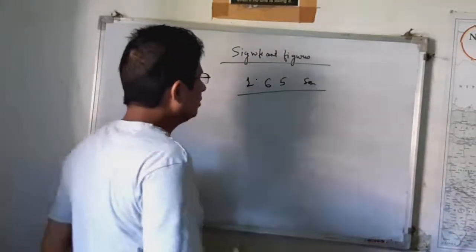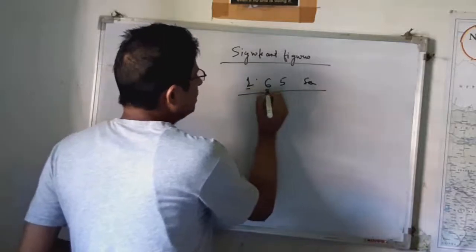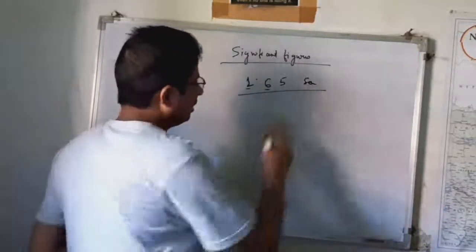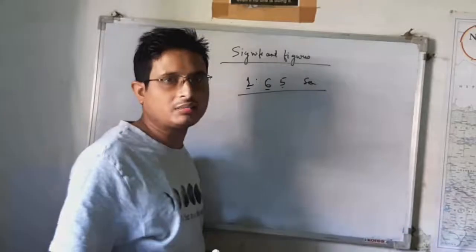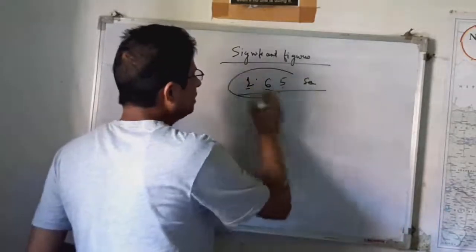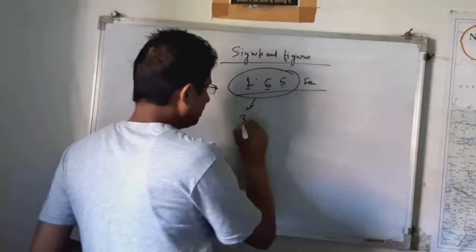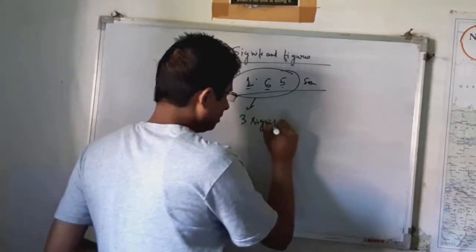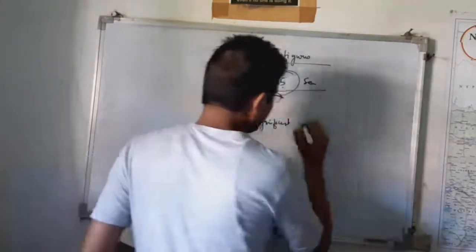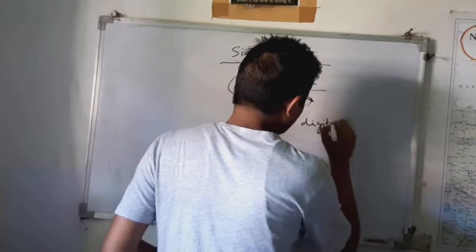So here 1 and 6 are reliable terms and 5 is an uncertain term. So it has 3 significant digits.